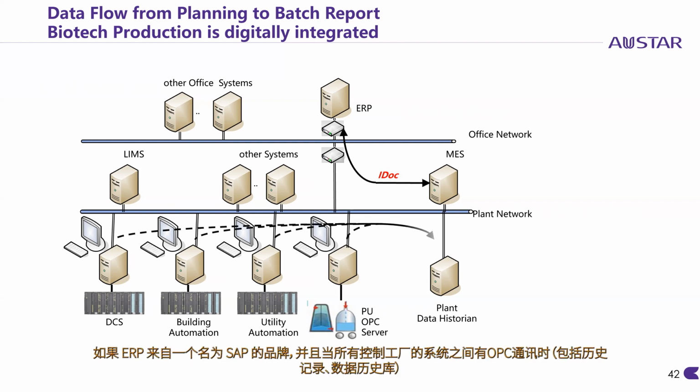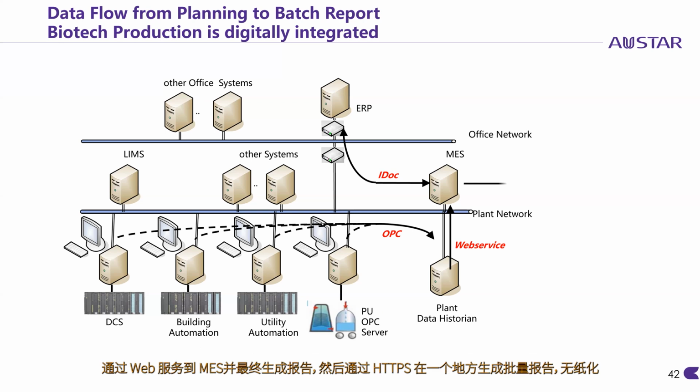And we have the OPC communication between all the systems that control the plant, including set units, to the data historian. The data historian can send data to MES via web service, and the final report can be sent over HTTPS to produce a batch report, all in one place and no paper.